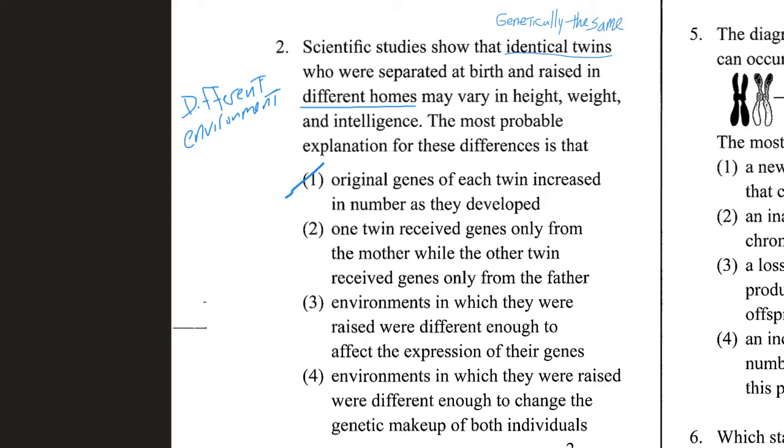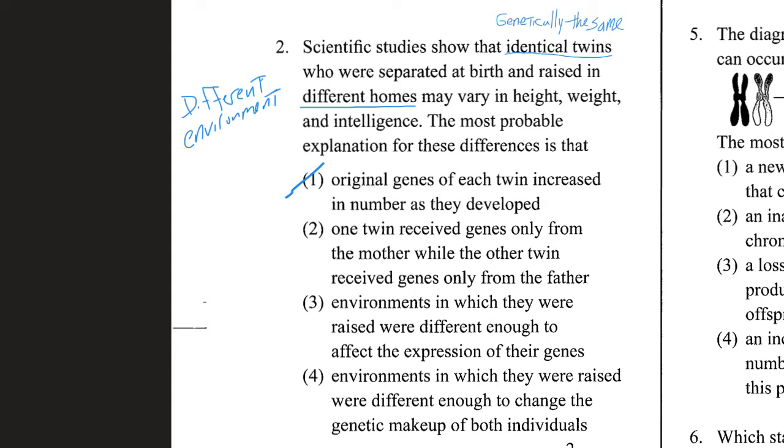Option 2, one twin received genes only from the mother, while the other twin received genes only from the father. We know that this is incorrect because when sperm and egg fuse for fertilization, an individual gets half of the genetic material from the mother and half of the genetic material from the father.